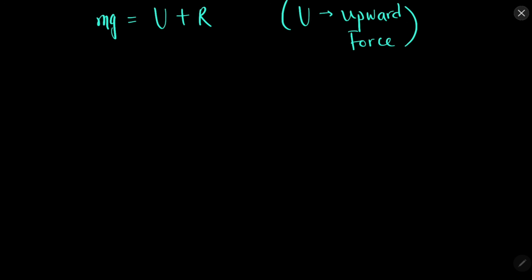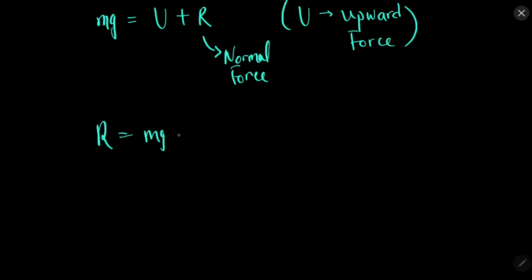So here mg will be equal to U plus R. U is the upward thrust, and R is the normal force provided by the surface.